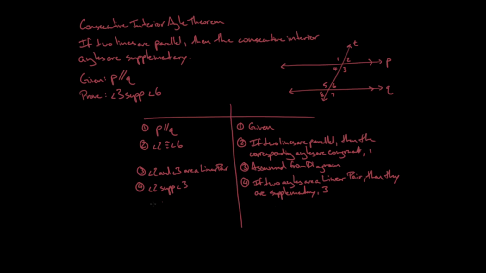Statement number 4 is that angle 2 and angle 3 are supplementary to each other, and I put that into an equation. So what does it mean for two angles to be supplementary? It means their measures add to be 180 degrees. Measure of angle 2 plus measure of angle 3 equals 180 degrees. The reason for that is the definition of supplementary: two angles are supplementary if and only if their measures sum to 180 degrees.